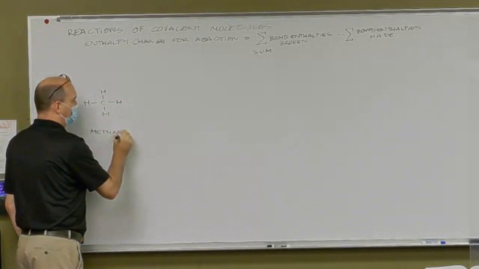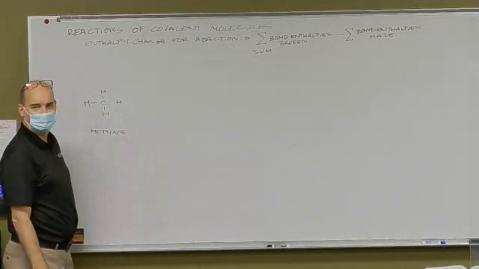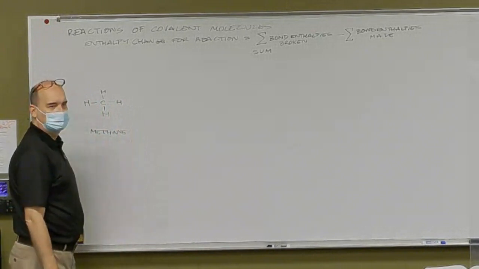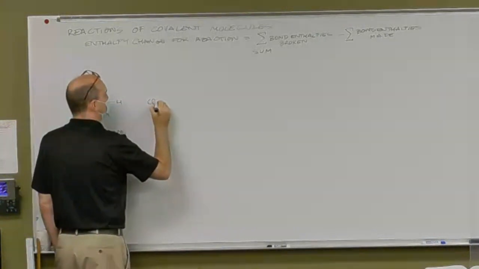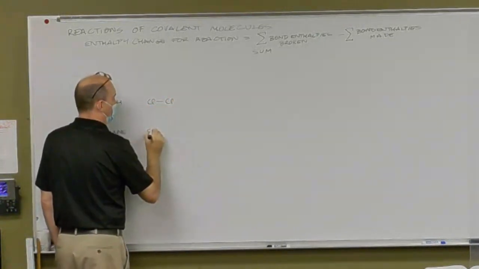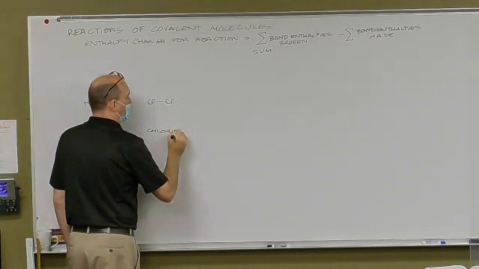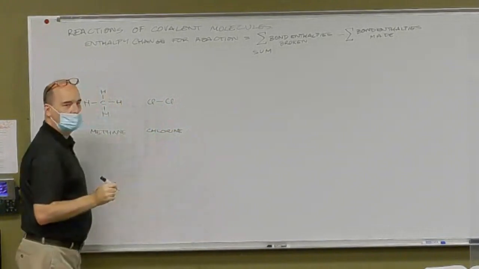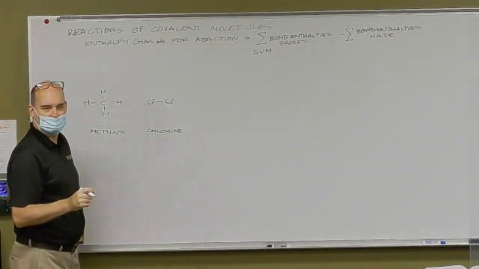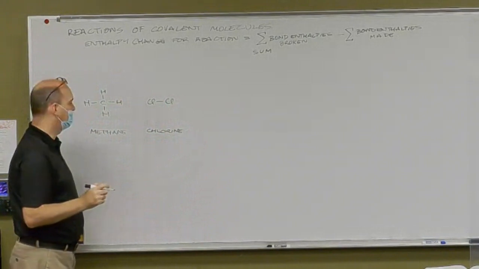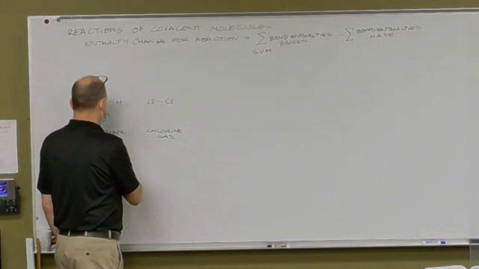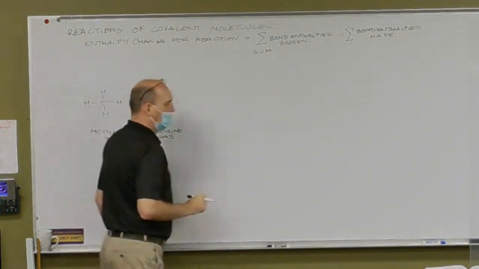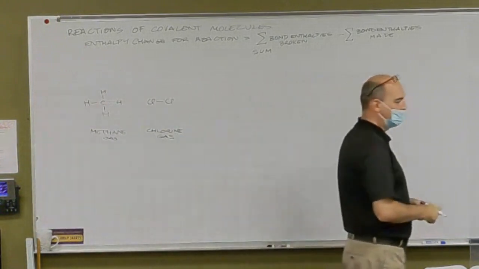It is natural gas. It's in the fossil record. And this is chlorine gas. It is a homonuclear diatomic molecule made of 2 chlorine atoms. Both methane and chlorine are gases, not that that matters.